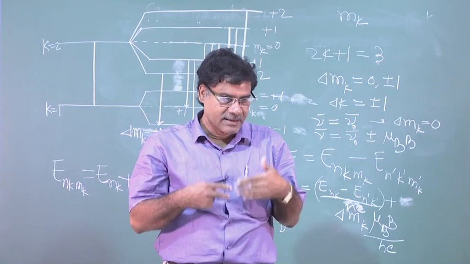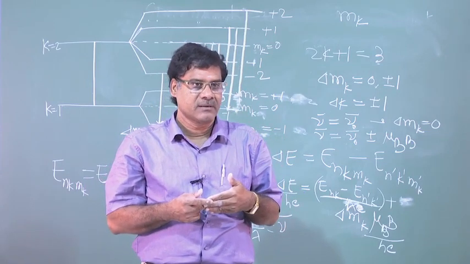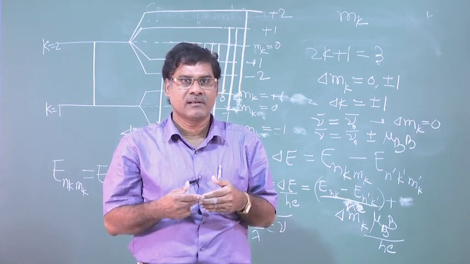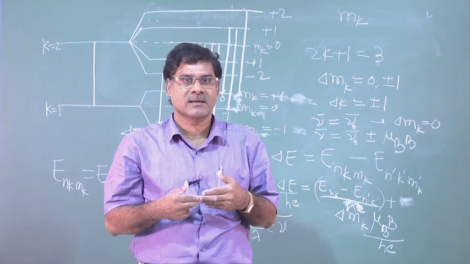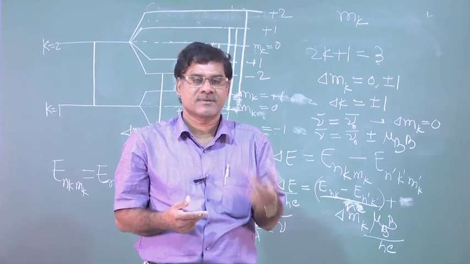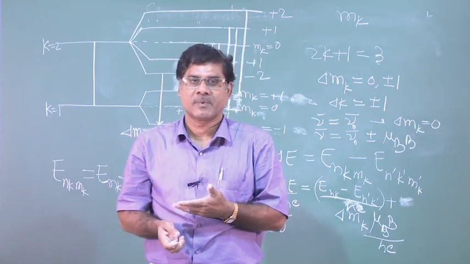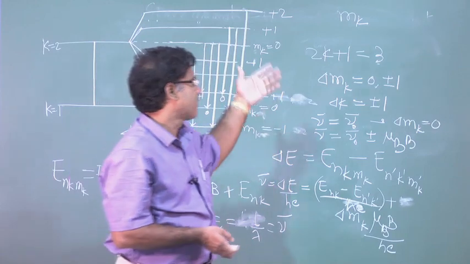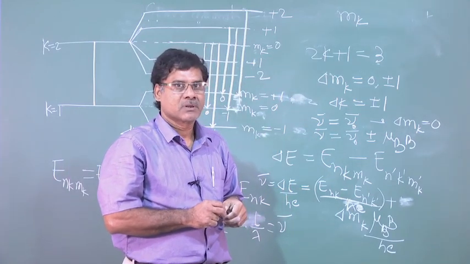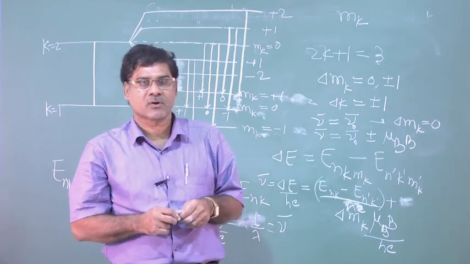So again, there is something left which will give more quantization and will be able to explain this observation of more spectral lines, as we have seen from the sodium D lines, from the H alpha line, and also from the anomalous Zeeman effect. So, we need more quantization. I will discuss that in the next class. I will stop here. Thank you.